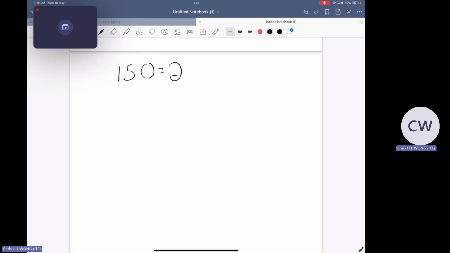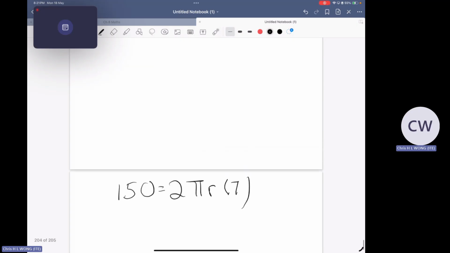150 equals 2 pi r h. H is 7, right? You're supposed to find r, right? Now, this is where you need to know your cross multiplication very well.